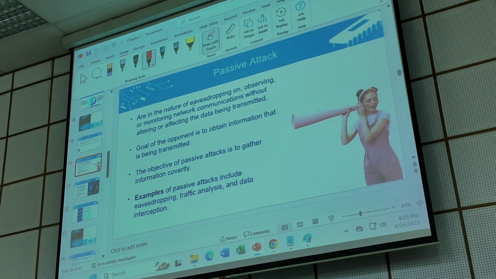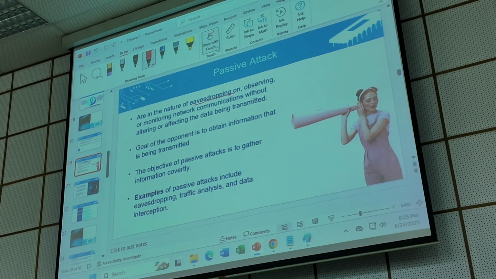Do you know what eavesdropping is? Eavesdropping, they just listen to the information. So this is one of the passive attacks. They just listen to the information, get the information without doing anything. Observe the data, or monitor the network communication. This is an example of passive attacks.